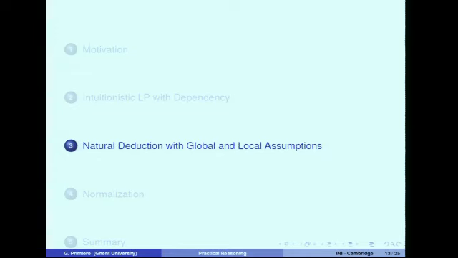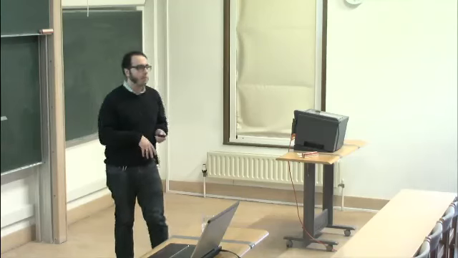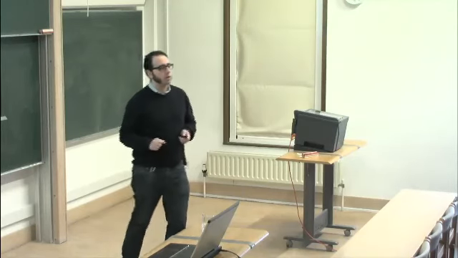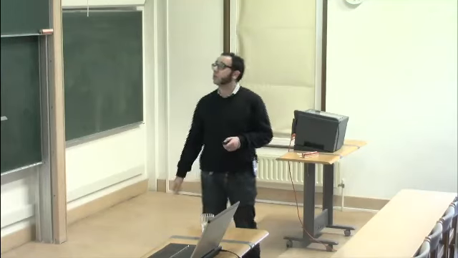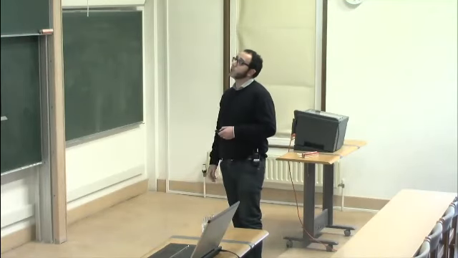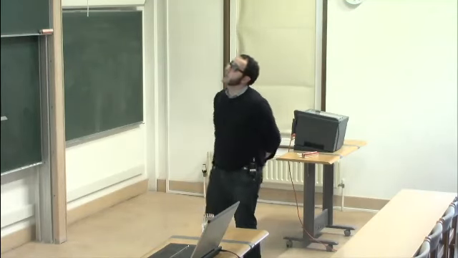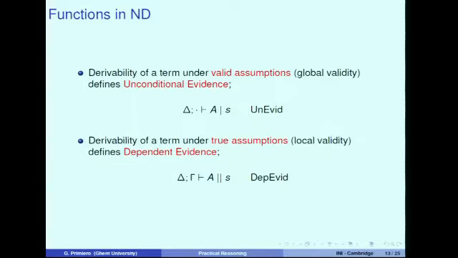Now, what is interesting is that this can be translated into a natural deduction calculus, but it's not a standard natural deduction calculus. I will try to explain how this is the case. The translation to natural deduction calculus happens by distinguishing global from local assumptions.